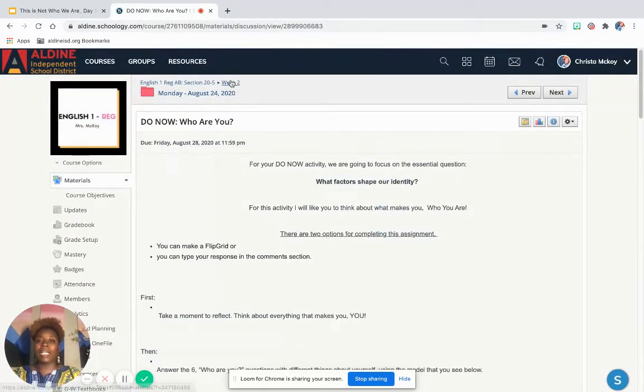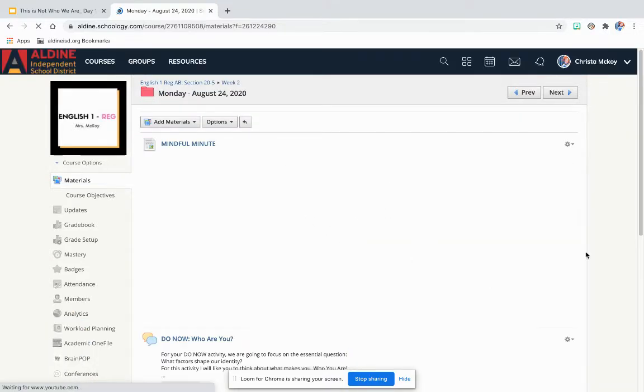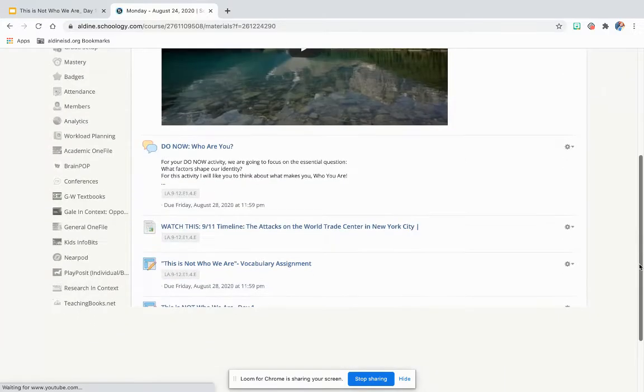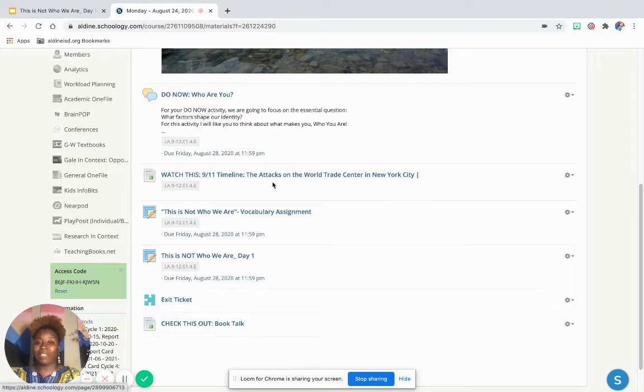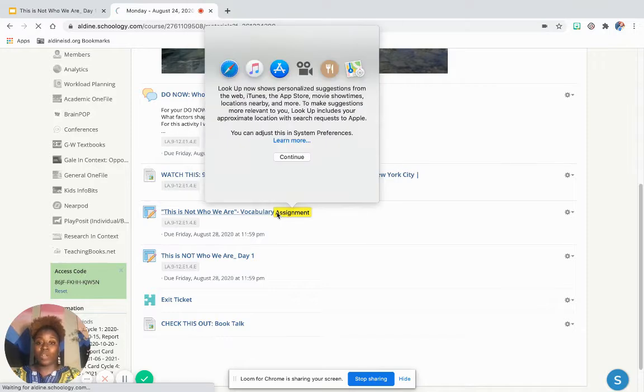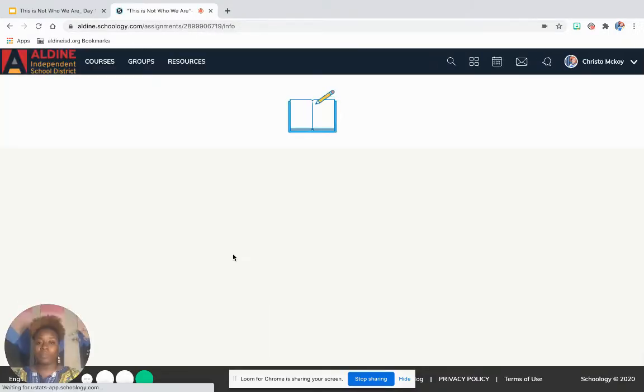But inside of the vocabulary lesson that you're going to submit, it is a Google slide activity. You should have already watched the 9/11 video as well as did your do now. So this is not who we are vocabulary activity. It's what we're clicking on.